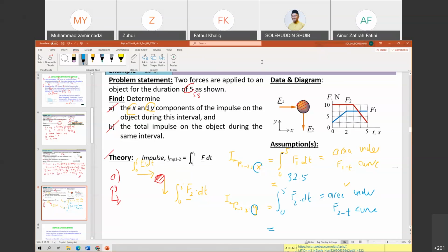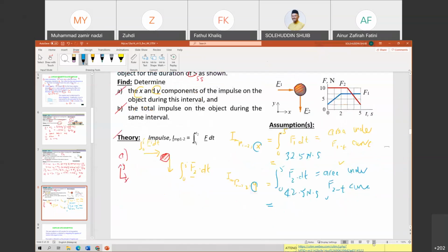Don't forget the unit. Newton second. How about the other one, impulse Y? What do you get? 42.5. Okay, correct. 42.5 Newton second. Good.